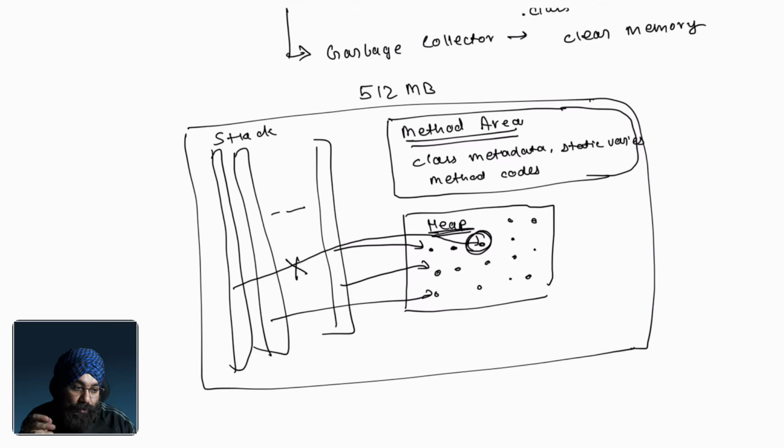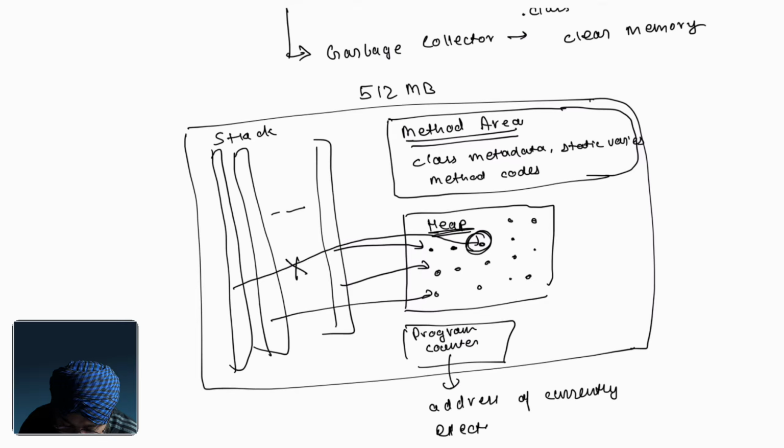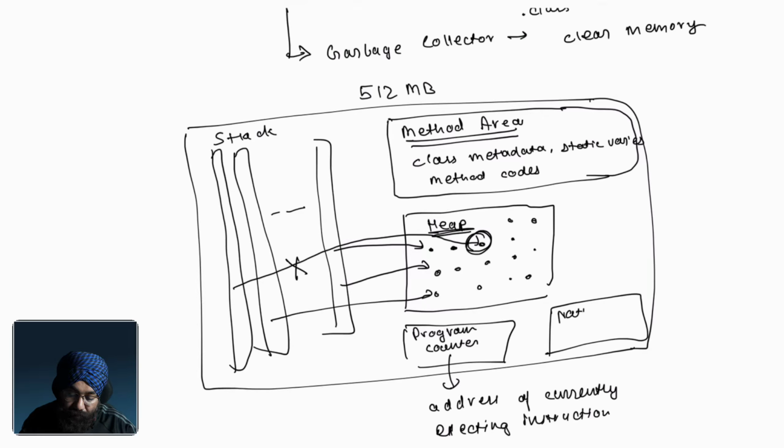Okay, then there is a small part which is the program counter. Basically it tracks the address of the currently executing instruction. And then there is the native memory stack.